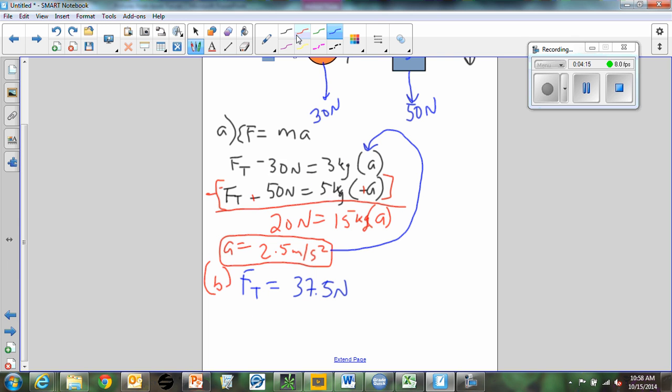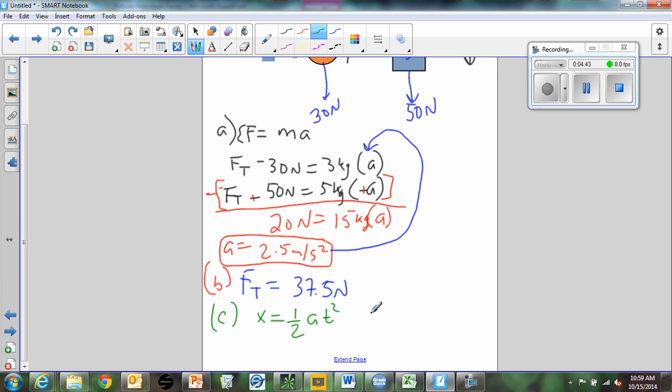The C part, they want us to find how far it moves. How far does it move in 1 second? Well, that's kind of simple because we have the acceleration already, and we know x naught and v naught are 0 because it starts from rest and it starts at 0, so it's just the second equation on your equation sheet.